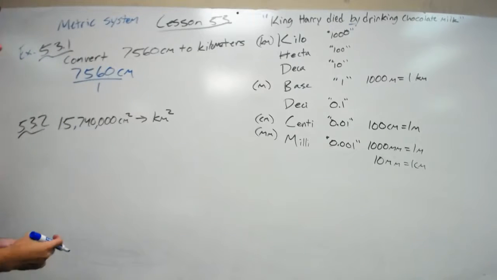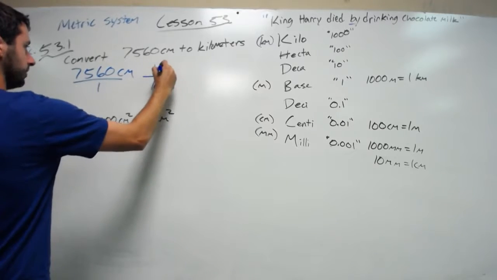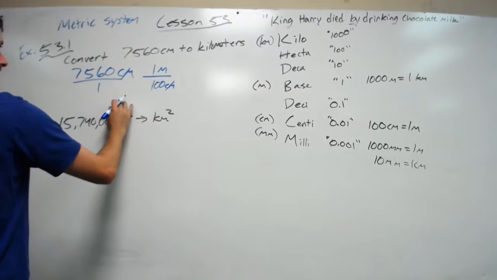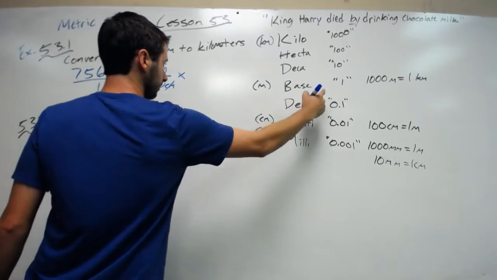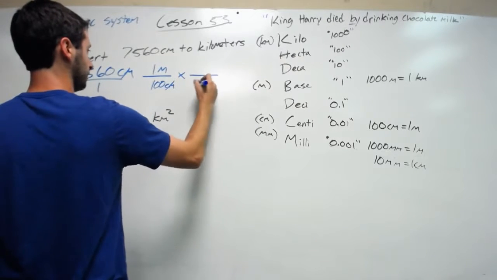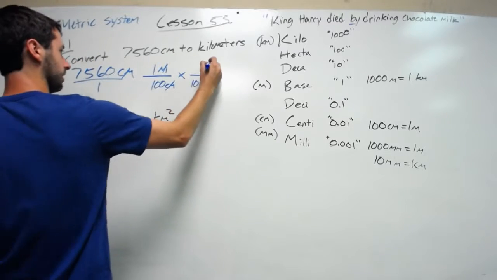Or we could go centimeters to meters because we know there's 100 centimeters in 1 meter. And then the centimeters would cross out. Then how many meters in a kilometer? Well, 1,000 meters in a kilometer, which is what we're trying to get to. So the meters cross out in a kilometer.